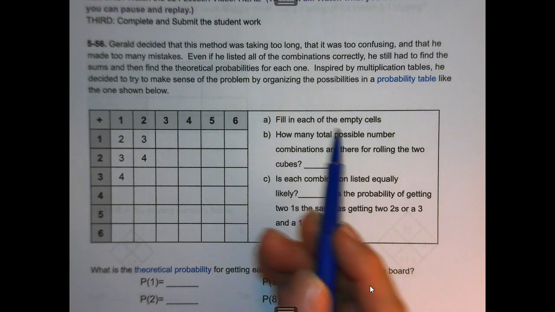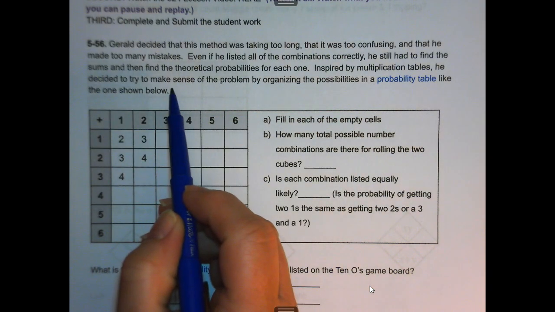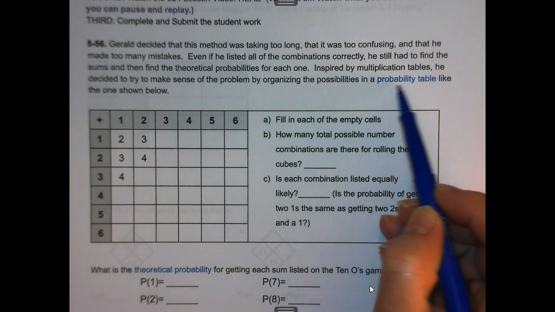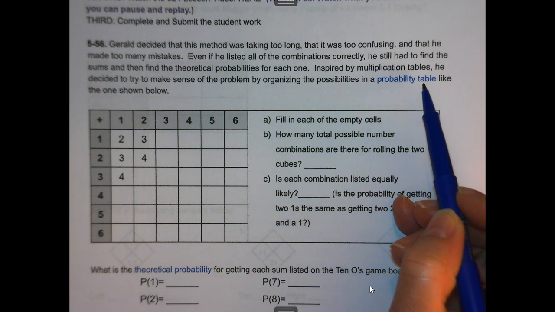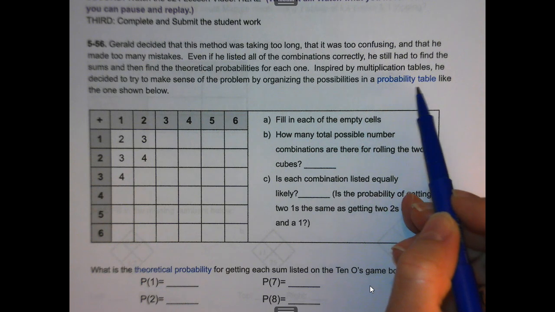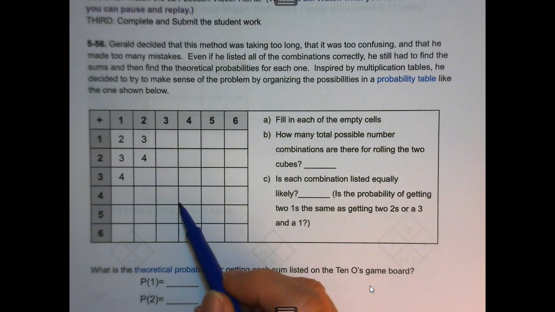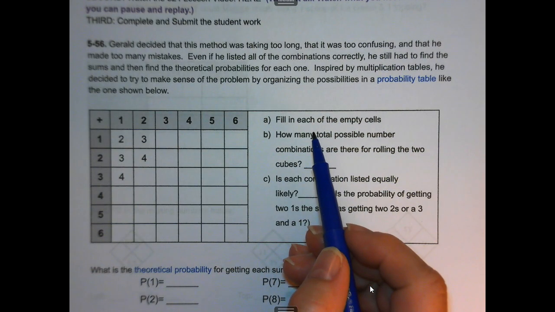Inspired by multiplication tables, he decided to try to make sense of the problem by organizing the possibilities in a probability table. Remember, when it's blue, it's usually a hot link or a hyperlink to a definition or explanation, like the one shown below. So here we have Gerald's probability table.